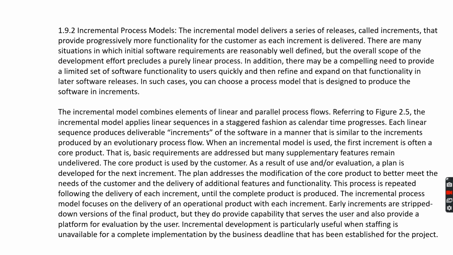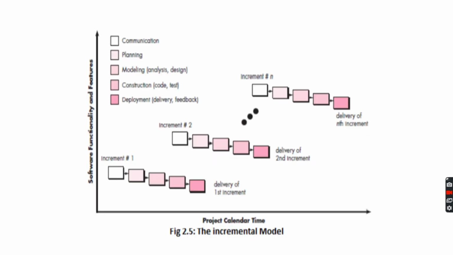Incremental development is particularly useful when staffing is unavailable for a complete implementation by the business deadline that has been established for a project. So this kind of process model is very beneficial when staffing is unavailable, and also when the business deadline established for a project has to be met.